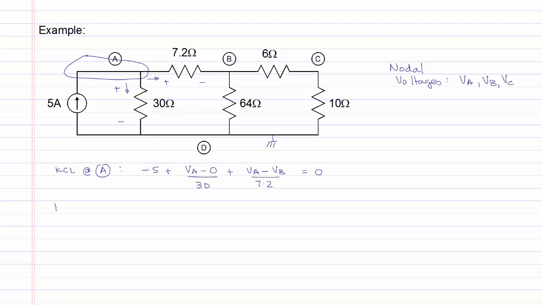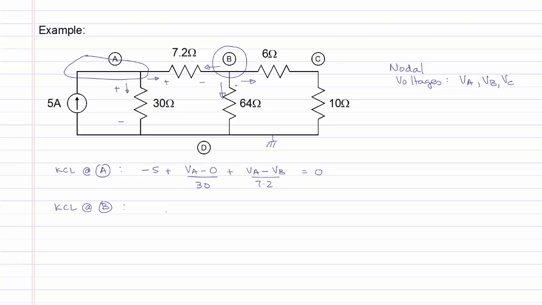Next, we will write KCL at node B. We have 3 resistors connected to node B, and we will assume that the current is leaving node B from all of these 3 resistors in the direction shown. Since we have taken the current to be leaving node B, all currents will be with the positive sign.